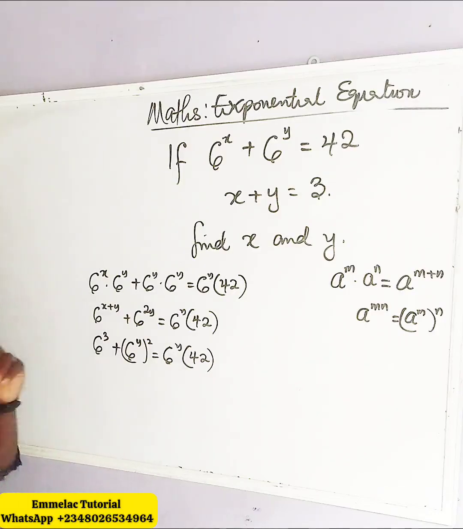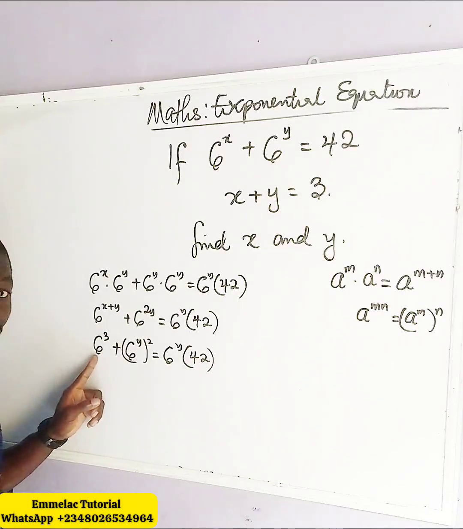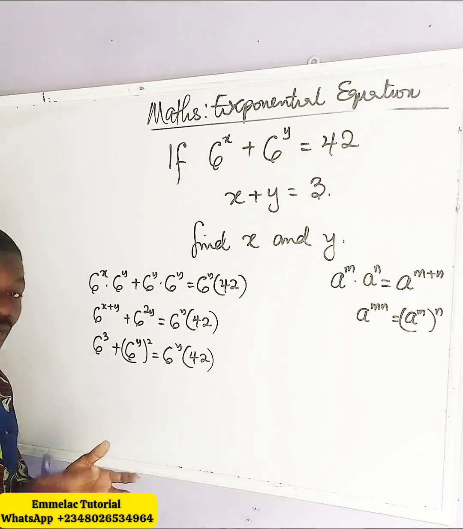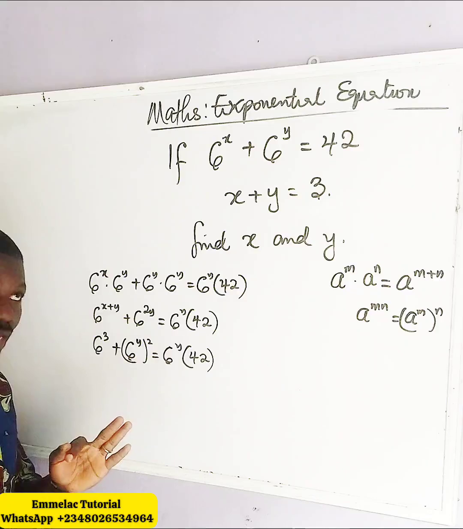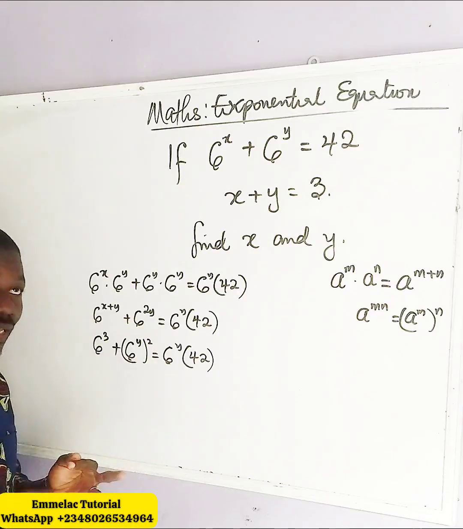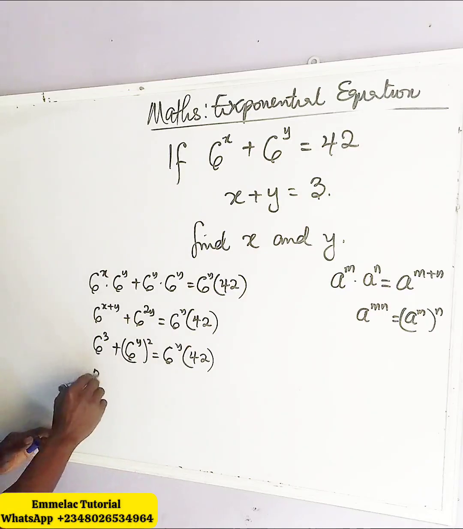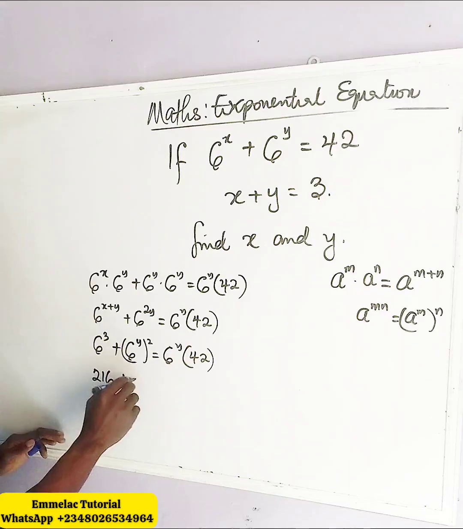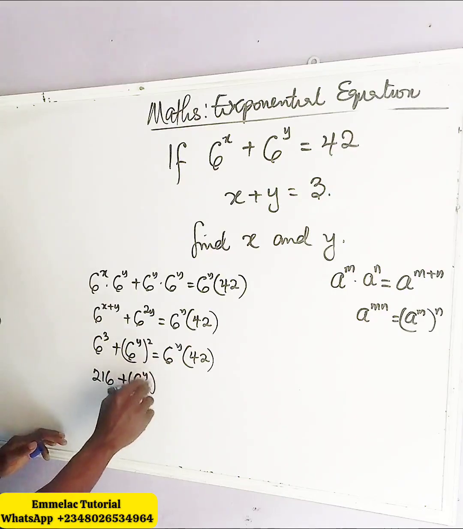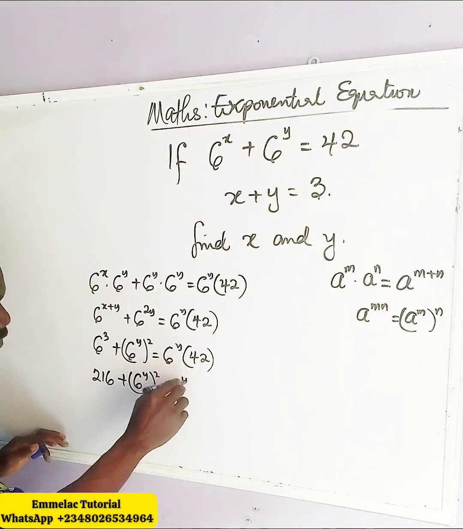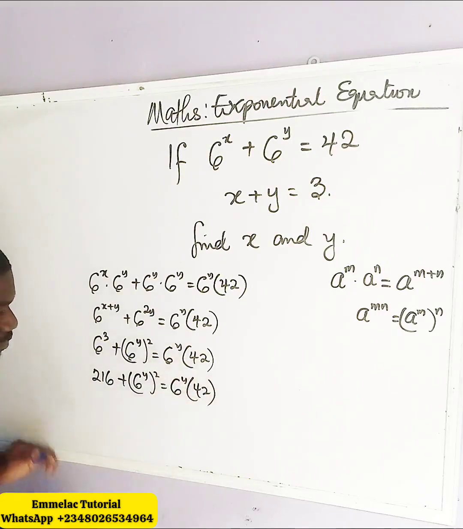However, 6 raised to the power of 3 means 6 times 6 times 6. 6 times 6 is 36, times 6 is 216. So we can write this as 216, plus 6 raised to the power of y, all raised to the power of 2, equals 6 raised to the power of y times 42.